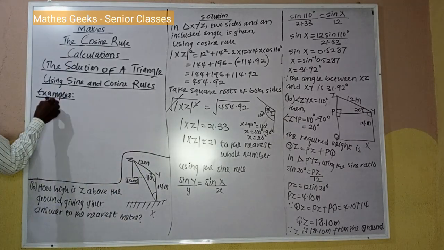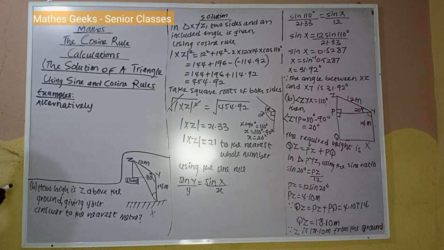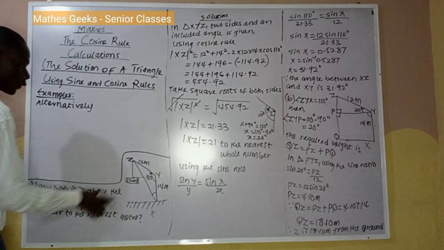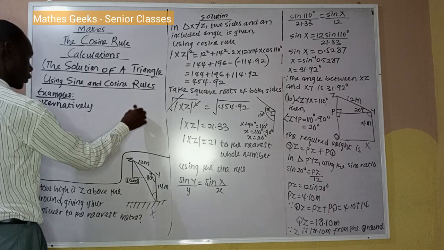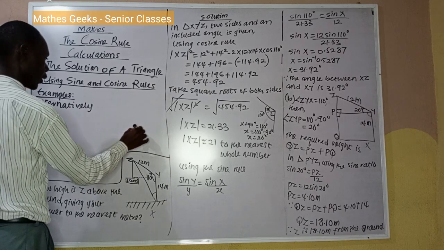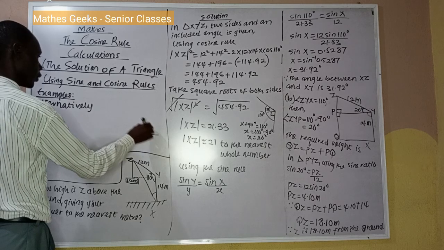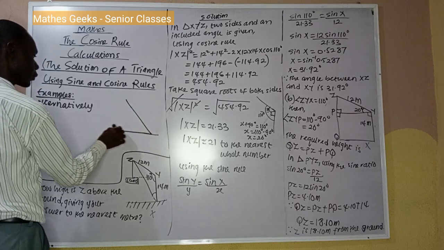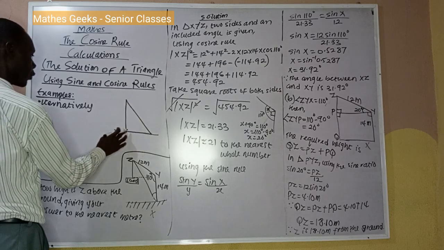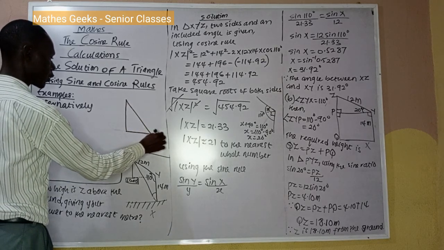So alternatively, from our first diagram here, we can just have something like this. These are X, the ground level, and this is Z. Okay, and then let me extend here.